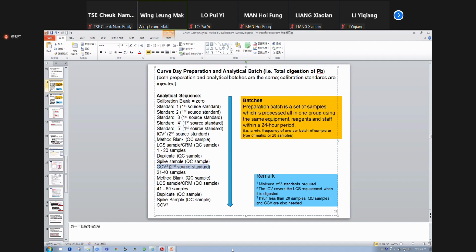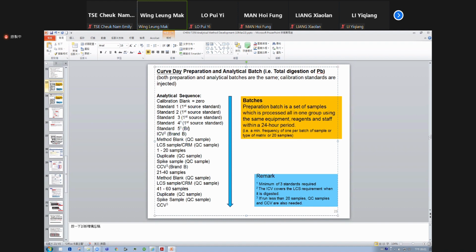Another source, that means this one is from brand B, okay? Brand B. You found another brand. This one is brand B. You measure the weight of this chemical and dissolve it in the solvent.